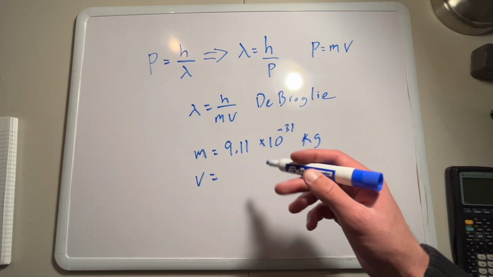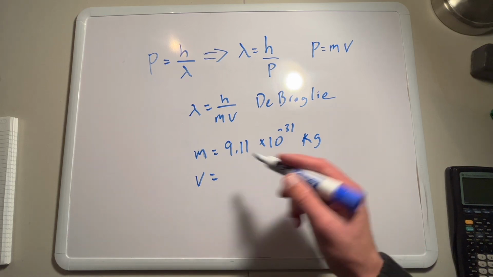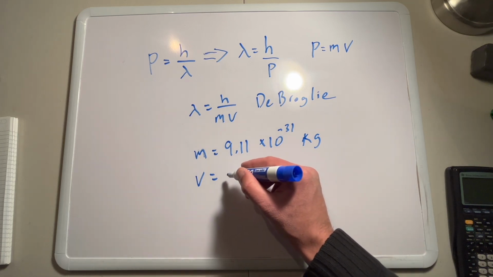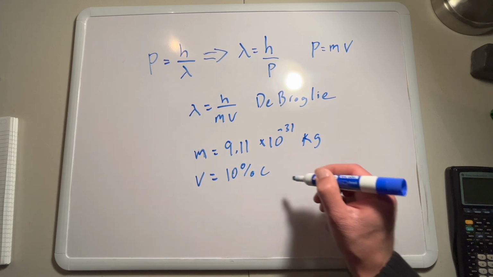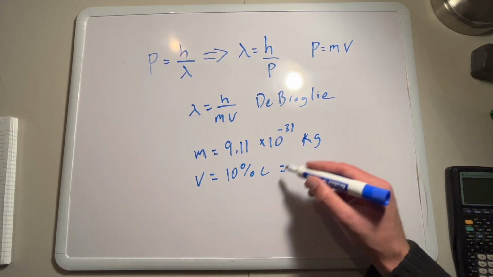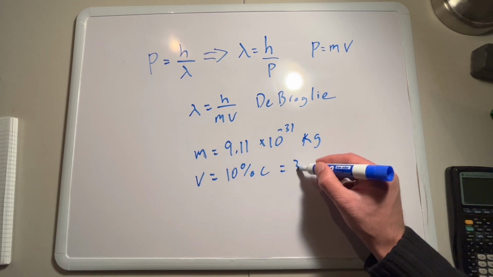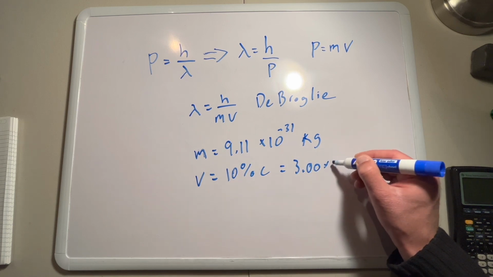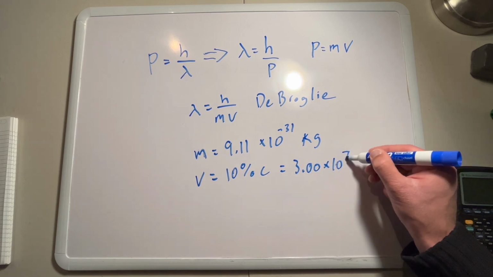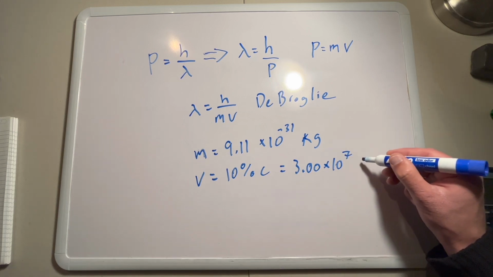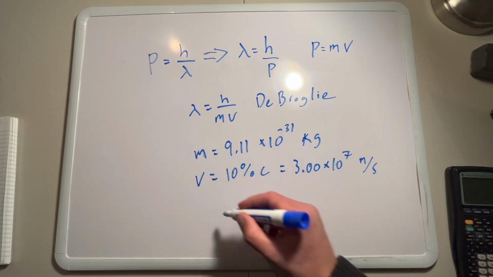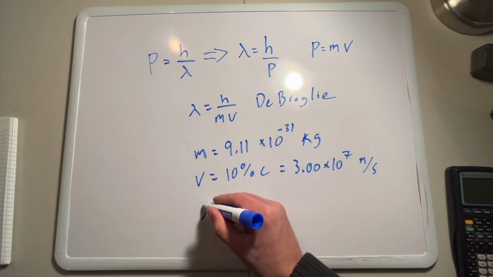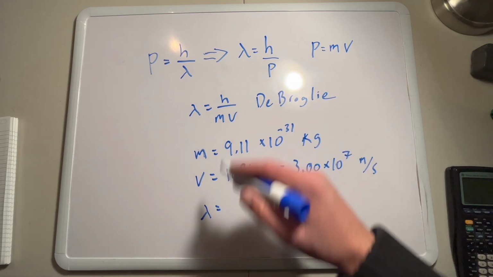But just for fun, let's use the speed in the last example, which was 10% the speed of light. Or more specifically, let's use 3 times 10 to the 7 meters per second. Let's go ahead and plug that into the calculator, figure out what that electron's de Broglie wavelength would be.